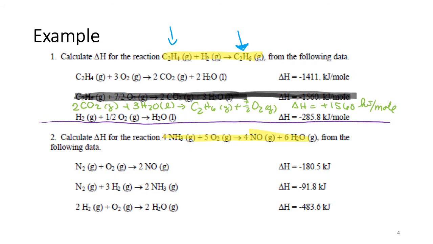I start looking for things that are the same on opposite sides. So I have 2 CO2s on the right, 2 CO2s on the left. They go away. I have 2 waters plus 1 water gives 3 waters on the right, 3 waters on the left.